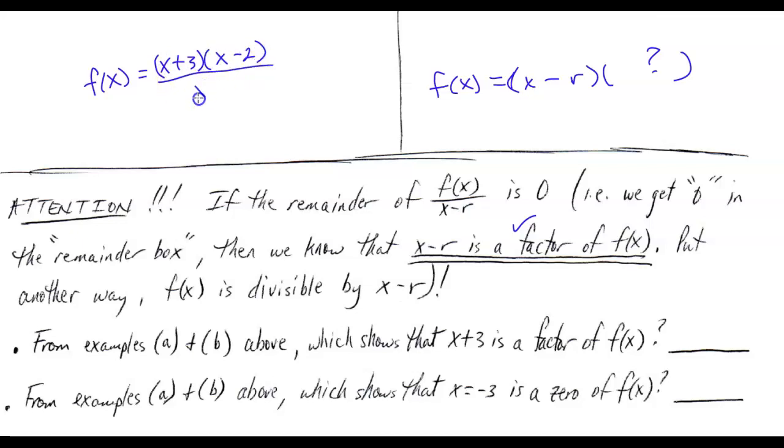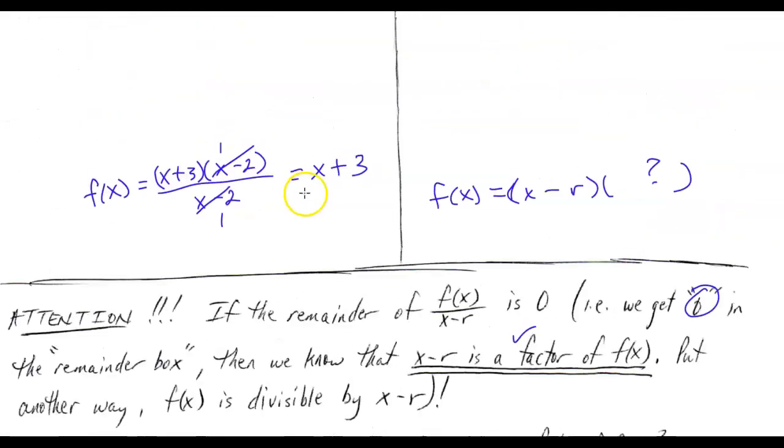And if I divided that by x minus 2, then of course these two terms would reduce to 1, which just gives me this as a result. And so what you're seeing here is that whenever we take a function and divide it by something else and it's divisible by it, that means that we can divide it and we get no remainder. Hence why we ended up getting 0 in the remainder box.